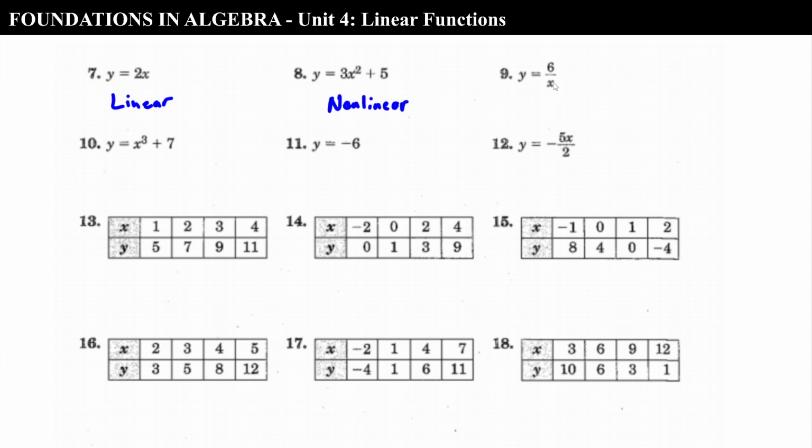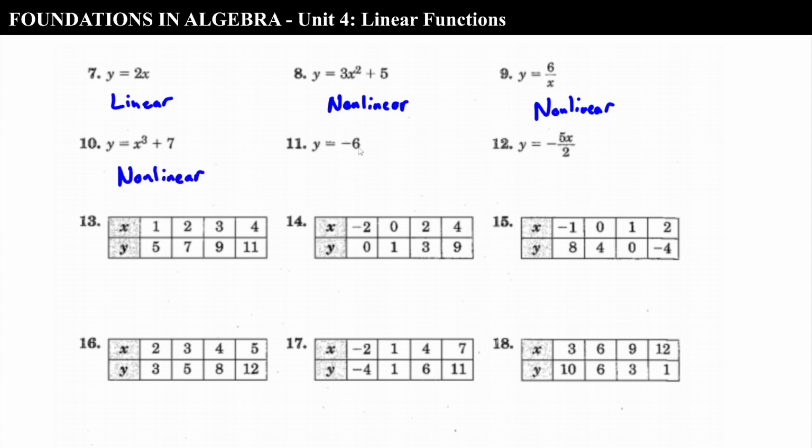Anytime you have x in the denominator, it is going to be nonlinear. The only case where it would be linear if x is in the denominator is if you have an x squared maybe in the numerator and the x's cancel, and therefore you just end up with an x. So remember, if you have an x in the denominator, just have a number in the top, it's going to be nonlinear. This one has a power of 3, so this one's nonlinear.